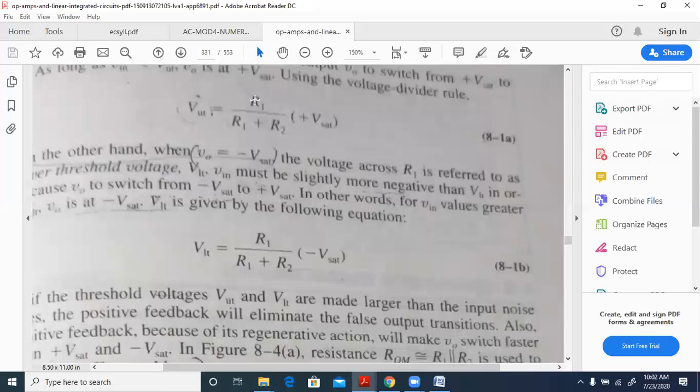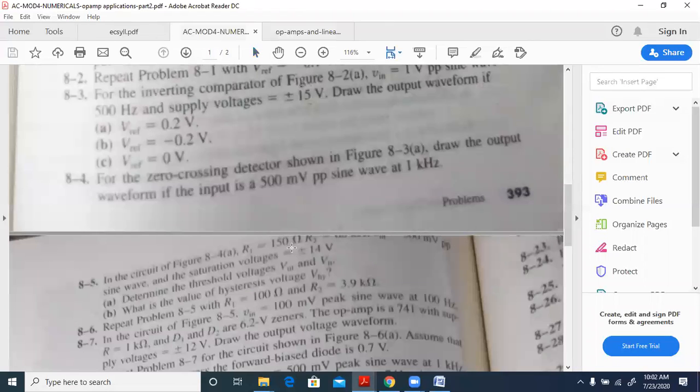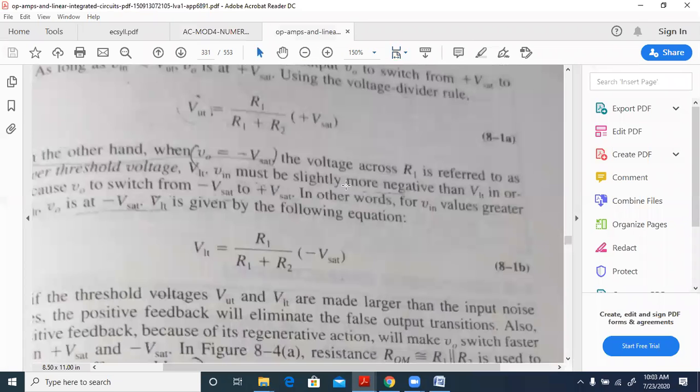R1 is given to us as 150 ohms, and R2 is 68K. You need to write 68,000, right? So R1 is 150 ohms, this is 68,000, and this is 14. So find the value of VUT.